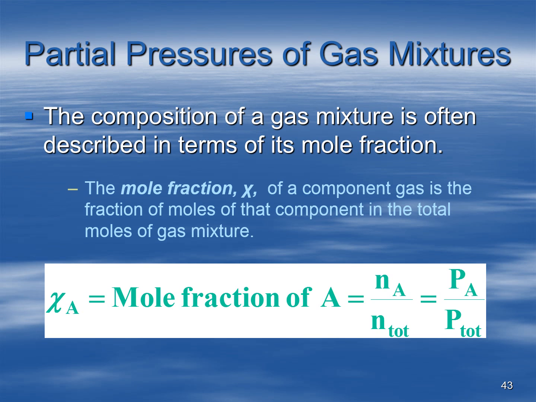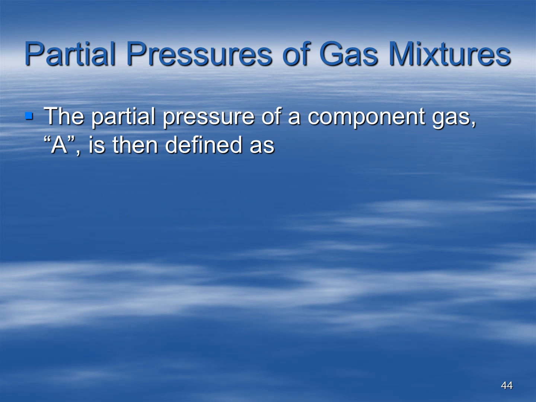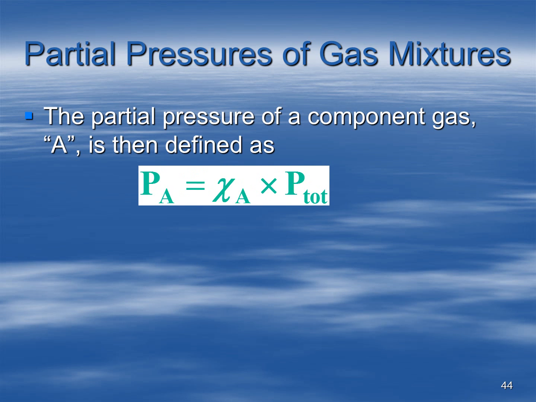So in that previous example, if we wanted to know the mole fraction of helium, it would be 152 divided by 760, the partial pressure of one gas divided by the total pressure. If you rearrange that equation, the partial pressure of one gas is just equal to the mole fraction of that gas times the total pressure.